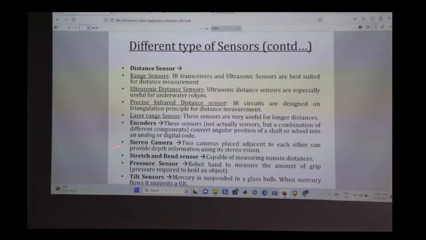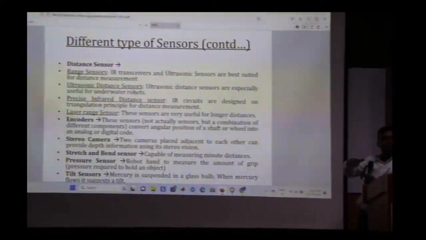Okay. Remember, all these things are very useful when we talk about the autopilots. You are aware of autopilots, right? When the planes fly, sometimes the pilot does not hold the steering and all those things. They just sit and observe. In that case, everything is controlled by the autopilot. And the autopilot must know what is the angle of the plane, at what angle it is pitching or taking up, what is the tilt of the plane, what is the speed, all those things.